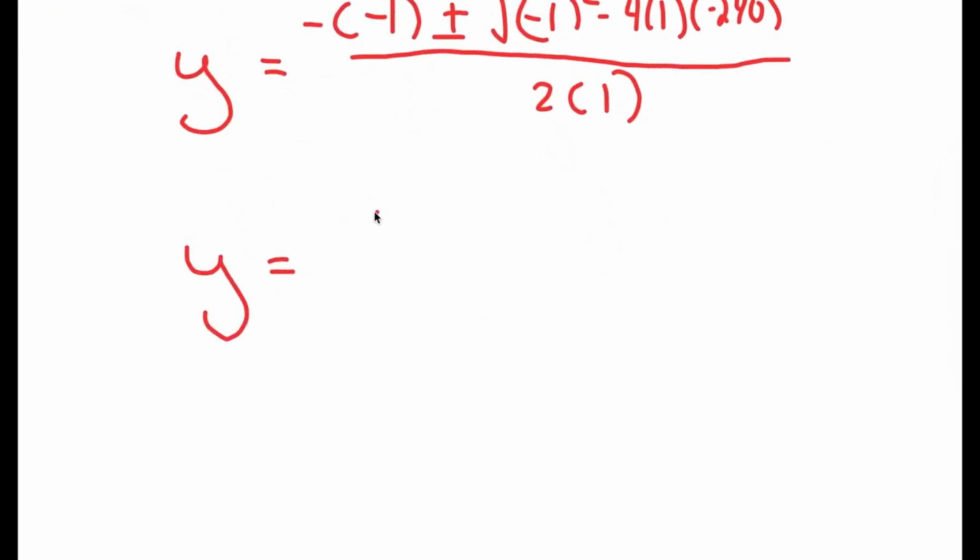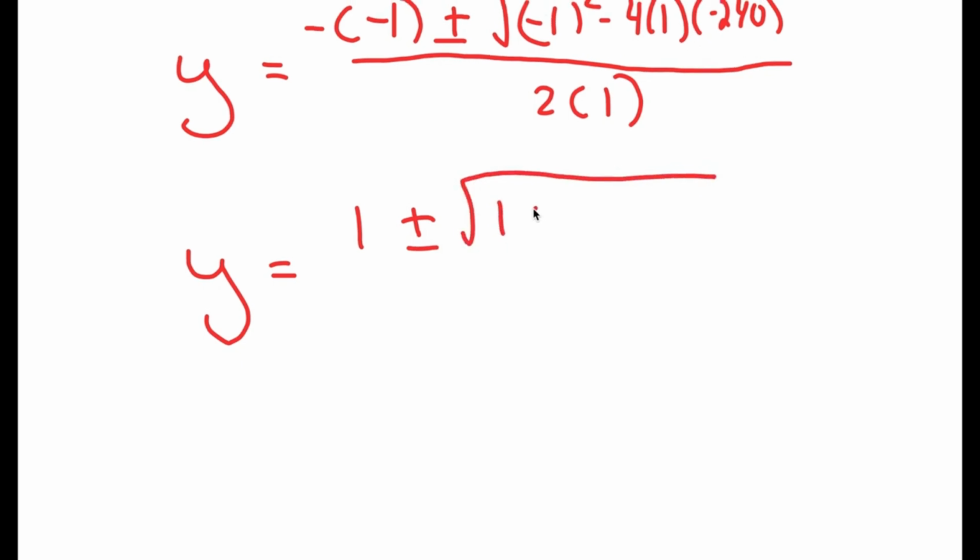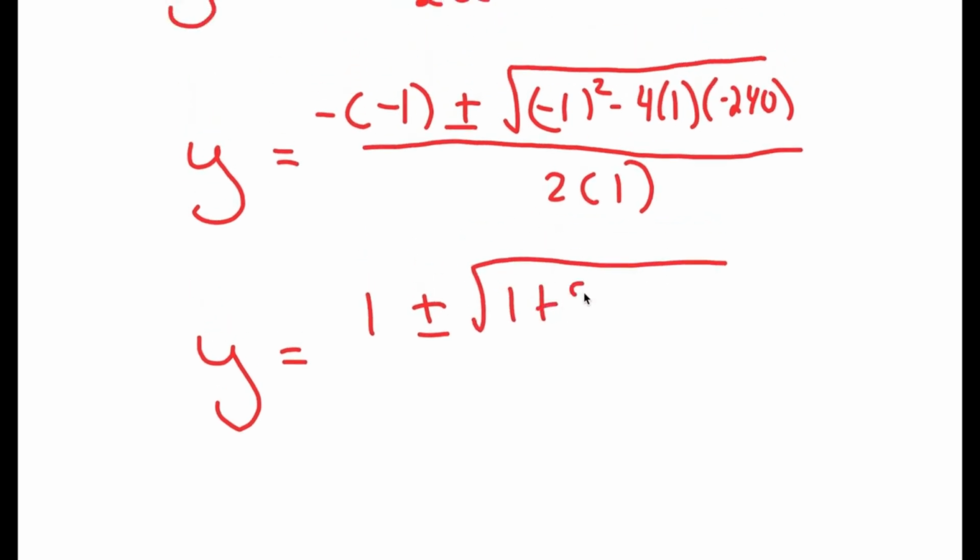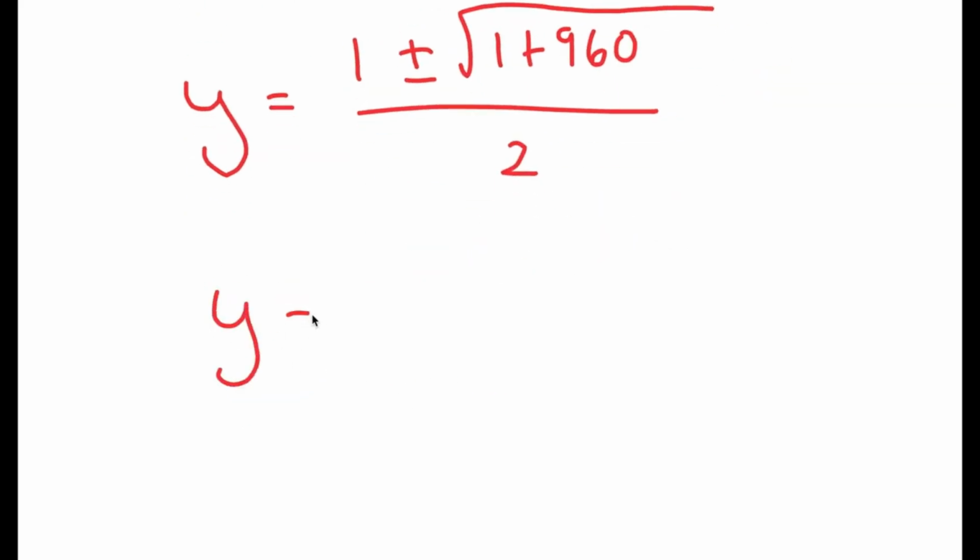And this simplifies to 1 plus or minus the square root of 1 plus 960, over 2. And this turns into y is equal to 1 plus or minus the square root of 961, over 2.